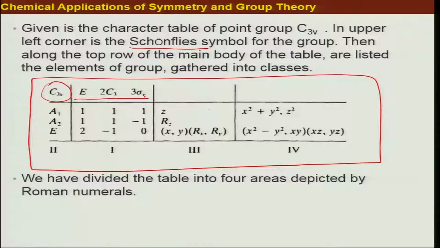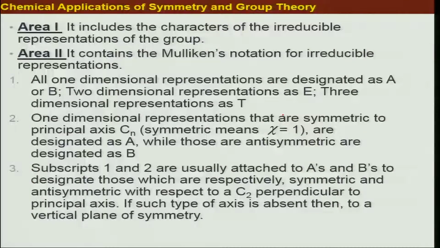Then we have the characters, then certain other symbols, and some linear or non-linear functions in different areas, which we have classified as area 1, area 2, area 3, area 4, and so on. We will talk about these detailed divisions of the character table in a bit greater detail. So first, area 1.